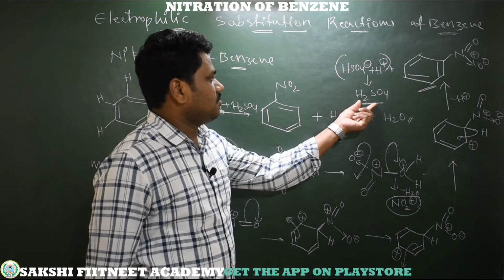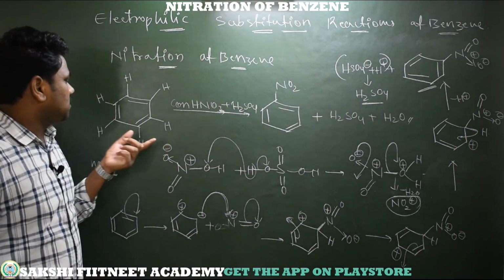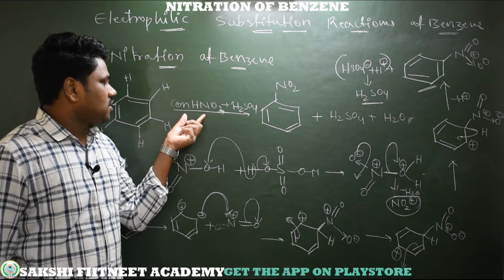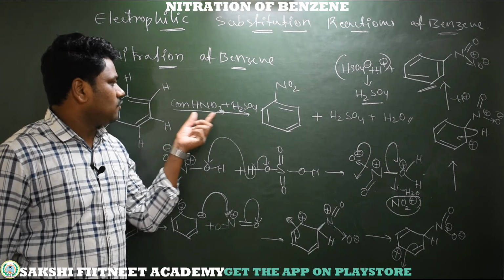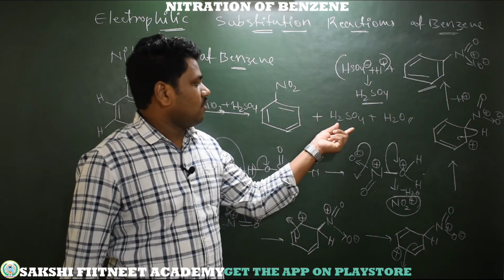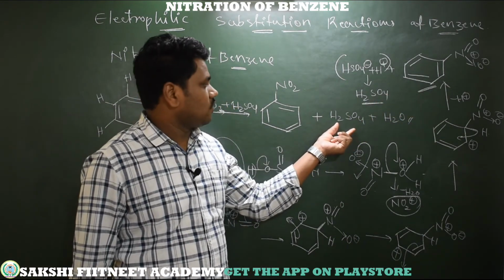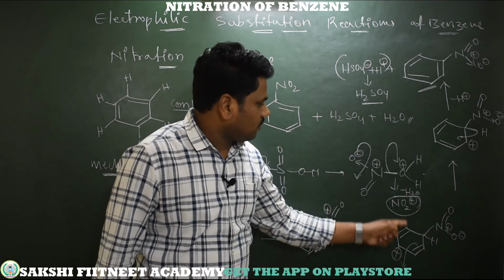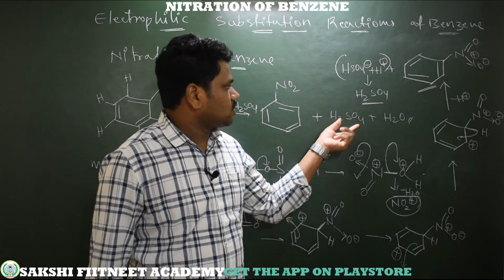So here this is a byproduct. Simply see here, this is a reaction mixture, benzene, the mixture of concentrated HNO3 and H2SO4, we are getting nitrobenzene. This is nitrobenzene. And what about the byproduct? It's H2SO4 and H2O. Already we got here, we generated H2SO4.